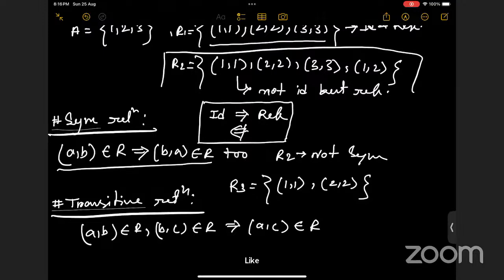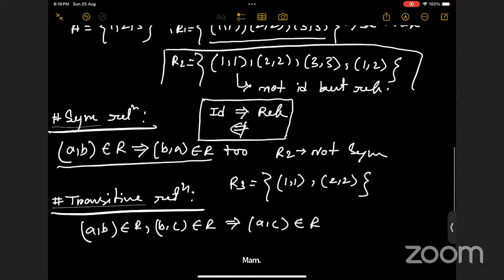Let me see, we don't have it for 2 and 3, ma'am. 3 is considered as C, so (1, 3) is not there. So that is the reason. R2 is transitive, ma'am. It is transitive. Ma'am, (3, 2) is not present. It does not matter because it is not already present. Do we need it? Yes, ma'am.